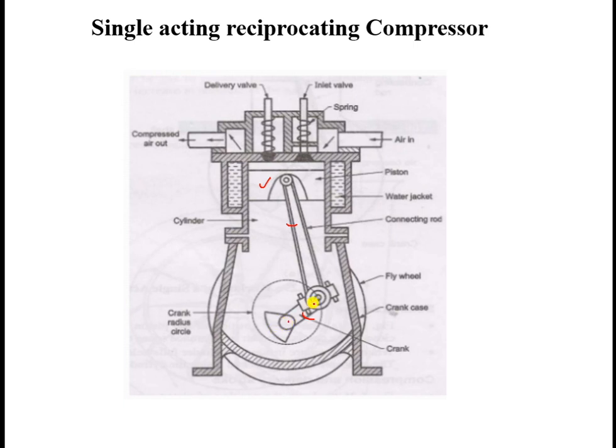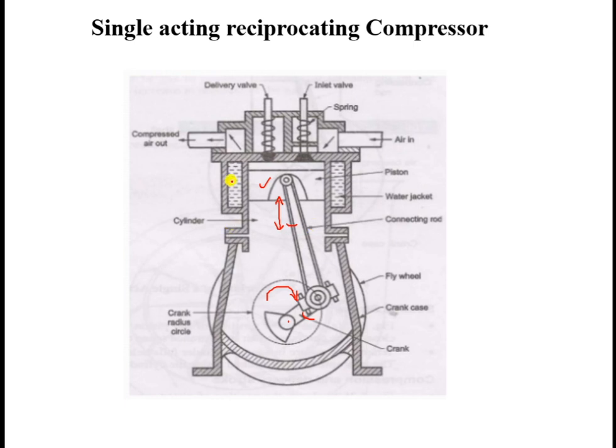In turn the crank rotates, and the connecting rod connected to the piston moves. The rotary motion of the crankshaft is converted into the reciprocating motion of the piston inside the cylinder, which is responsible for the production of compressed air.